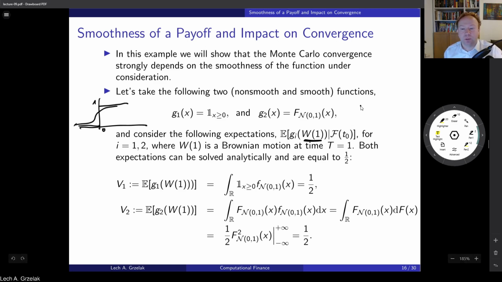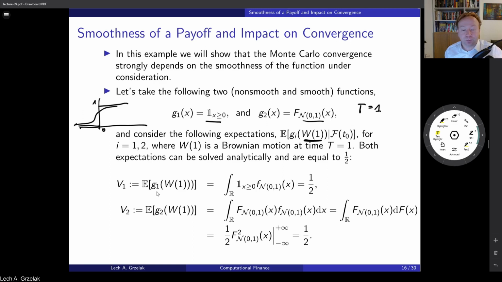We sample Brownian motions, and for the given Brownian motion at time t equal to 1, we calculate the expectation. Now we will see how the error changes for an increasing number of simulated samples, for a smooth and a non-smooth function. This is the non-smooth, and this is the smooth function.